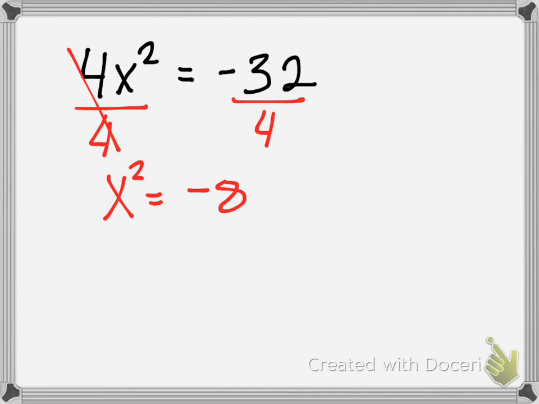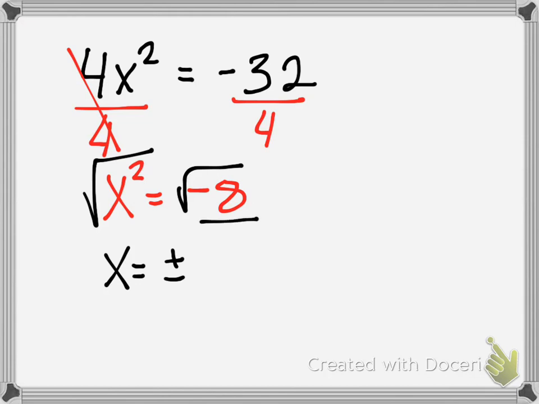Now that the x squared is isolated, it's all by itself, we can square root both sides. x is going to equal plus and minus. Negative 8 is going to break down again. Negative 1 times positive 8. We know what the square root of negative 1 is. That's i.